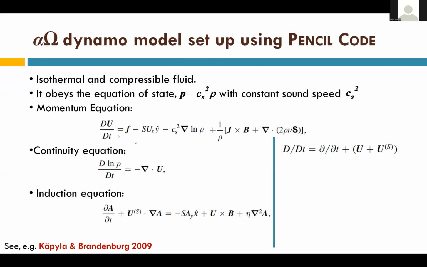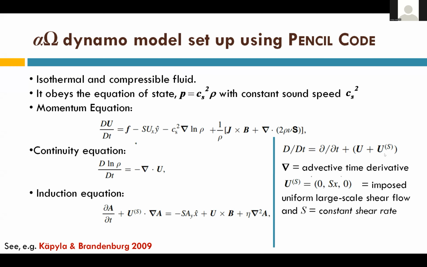So the D by Dt, as I've shown here, is basically del by del t plus u plus U_S dot del. Now this is the advective derivative, and the U_S that I have shown here is the imposed uniform large scale shear flow, and S is the constant shear rate. And this bold S is the traceless rate of strain tensor.